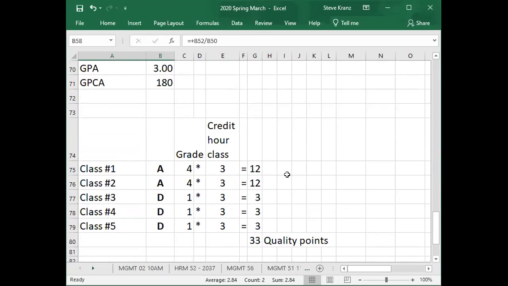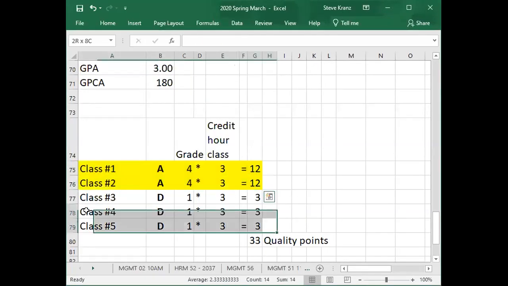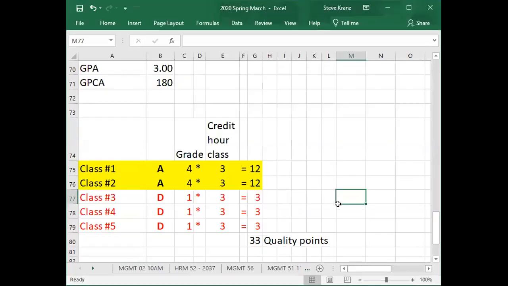Obviously, the 2 A's will help raise his GPA, and the 3 D's will lower his GPA. So if John is smart, he will want to have these 2 classes count for his GPA and have these classes not count for his GPA. So take these classes as pass-fail. That is the goal.